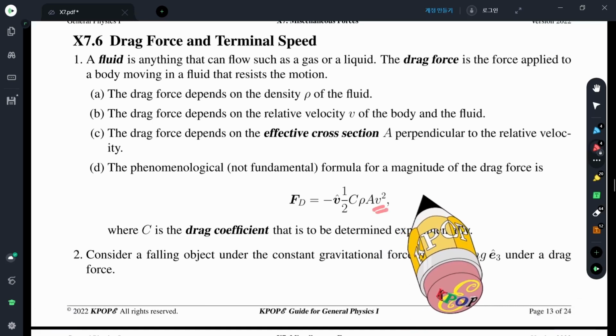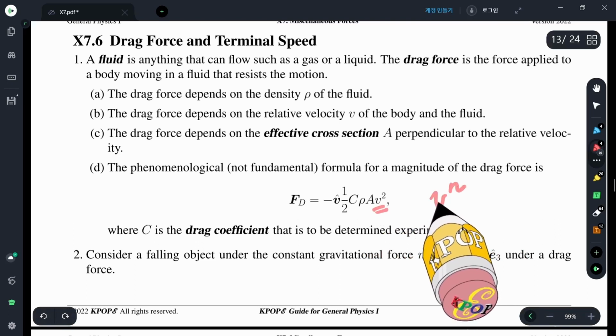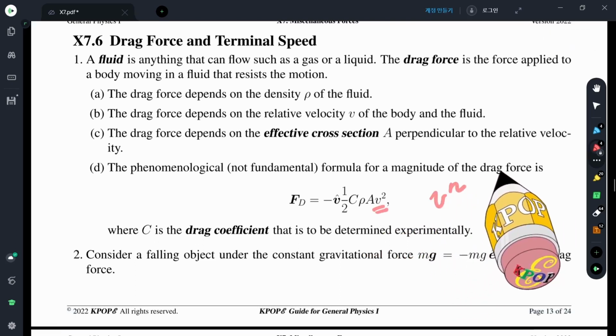But at even higher velocity, it is approximately v to the nth, and the power varies depending on the situation. It is not a fundamental force. It is almost impossible to compute how the power is determined, because the nature of a fluid is not ideal, and it is determined phenomenologically.